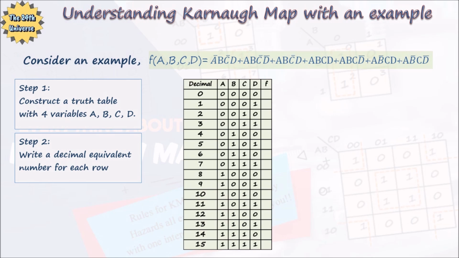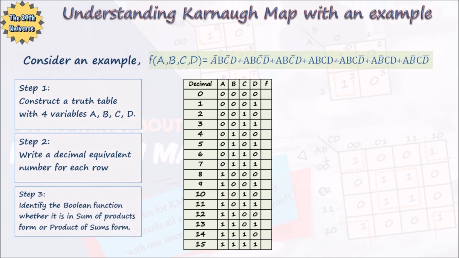Since we are familiar with terms like minterms and sum of products, I will use them here. The given Boolean function is in sum of products form. In the minterms, each uncomplemented variable is indicated by 1 and each complemented variable is indicated by 0. That is, in a bar b c bar d, a bar is equal to 0, b is equal to 1, c bar is equal to 0, d is equal to 1.